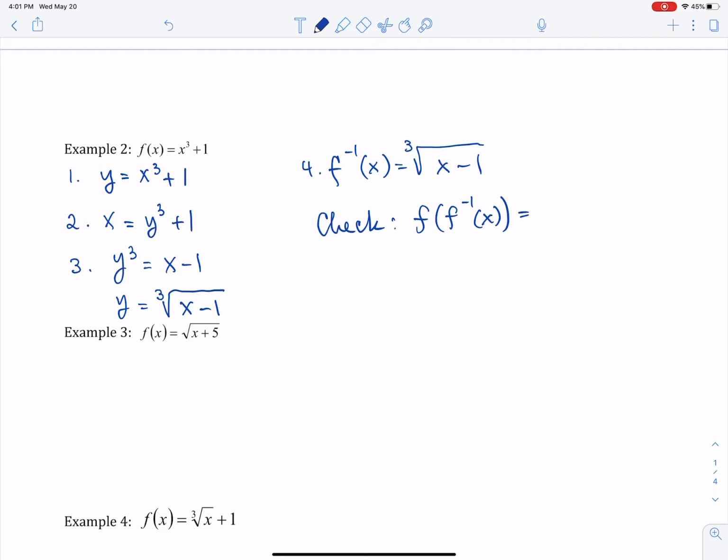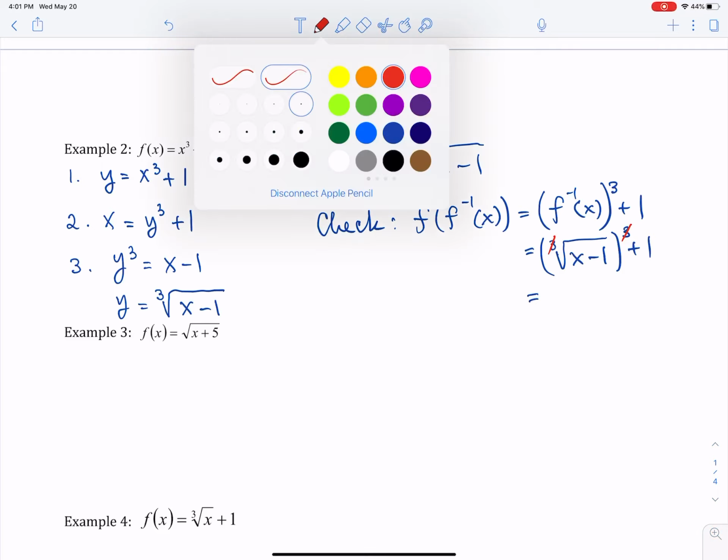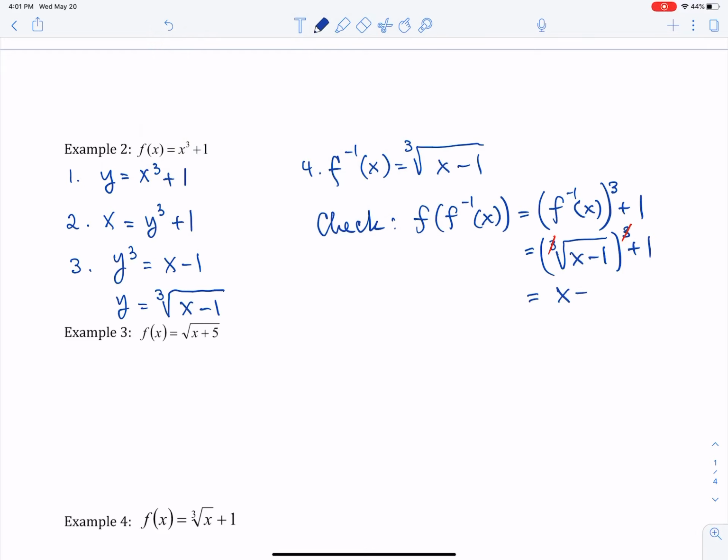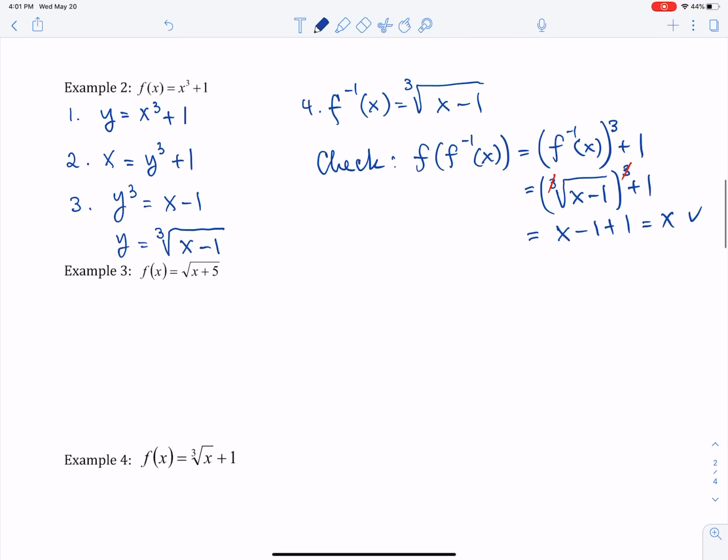Well, f is x cubed plus 1, so in this case that's going to be the inverse function of x powered by 3 plus 1, or that's third root of x minus 1 powered by 3 plus 1, and here the cube root and the 3 cancel out, and that will be x minus 1 remaining here plus 1, and indeed the answer is equal to x. One more check.